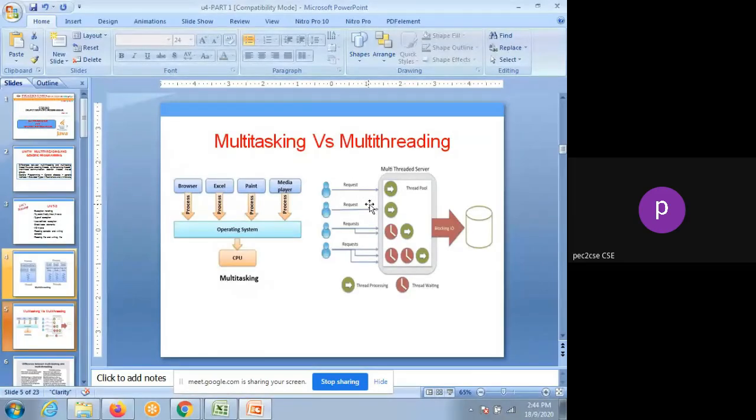Each and every request will be considered a thread, and those threads will be processed by the processor. Each request is placed into the thread pool, taken, and processed. The time difference is a nanosecond, so we cannot identify it. Is it clear? Yes, ma'am.